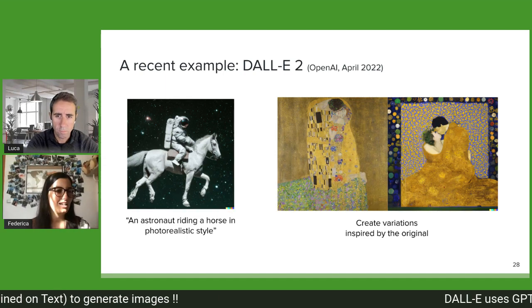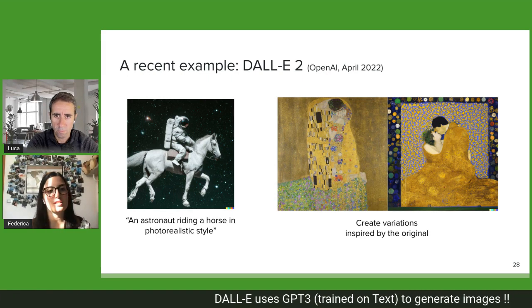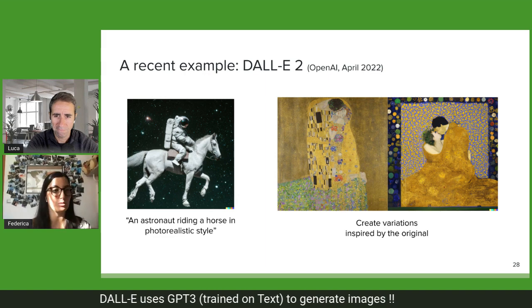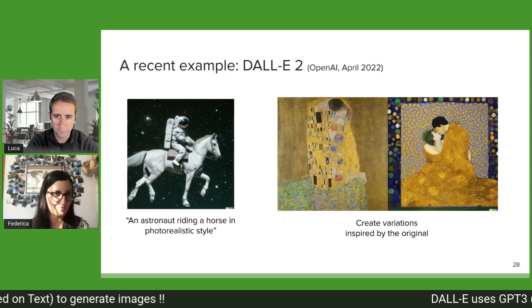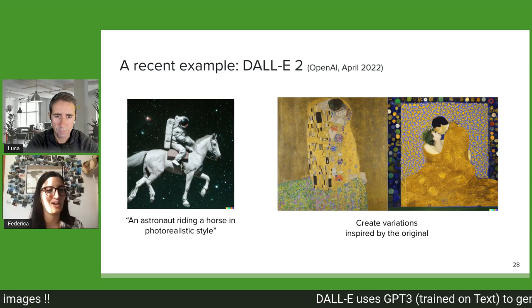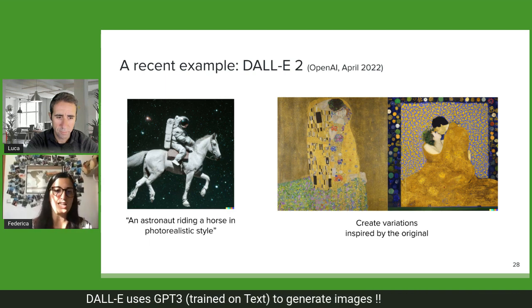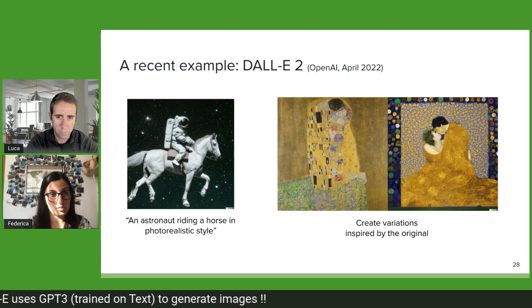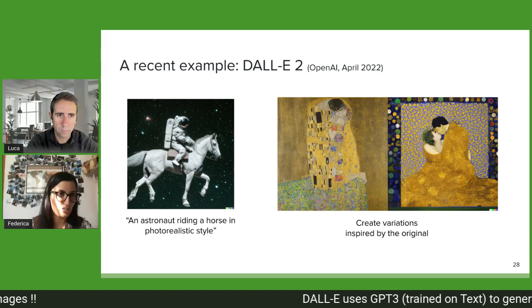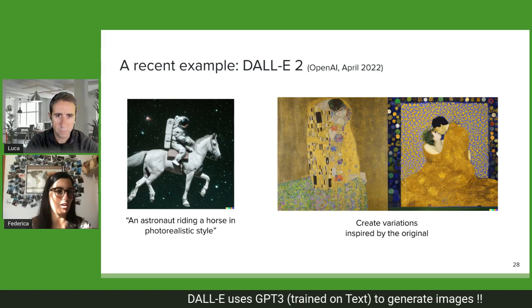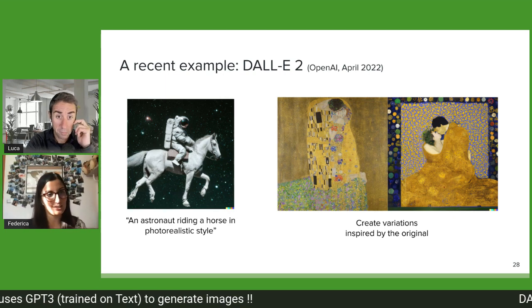For instance, you can tell DALL-E to produce an astronaut riding a horse in photorealistic style, and then DALL-E will output this. This is quite interesting for me, and I believe it was in the news, so everyone has heard about it. But given an image in a certain style, it can also generate its own creations by varying the original image. For instance, this is the famous painting of Klimt, and this is the reproduction that DALL-E made on its own.